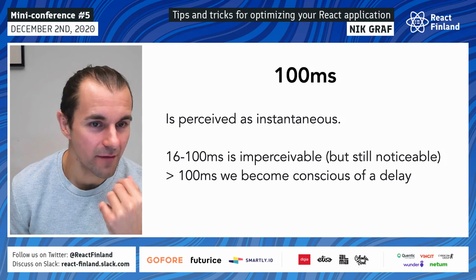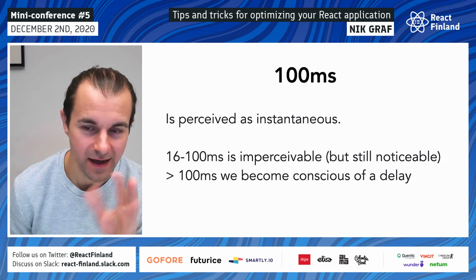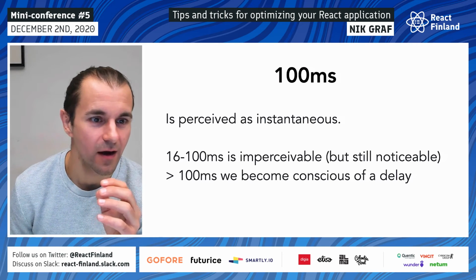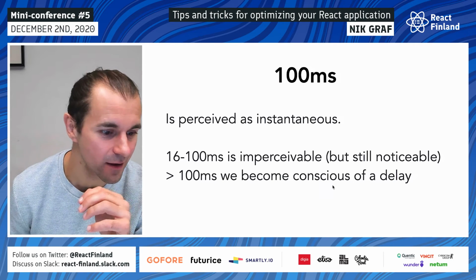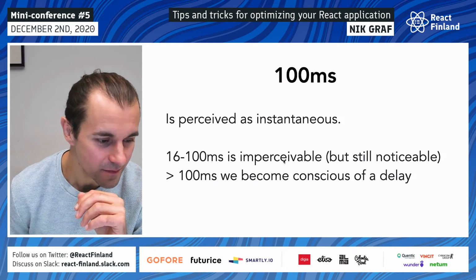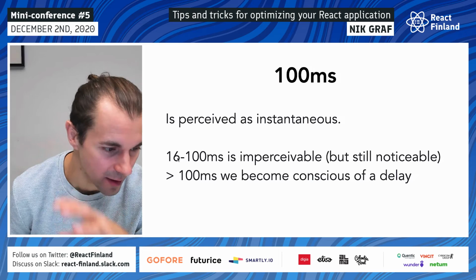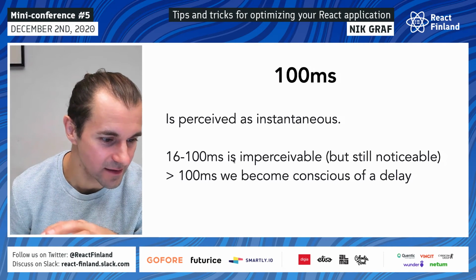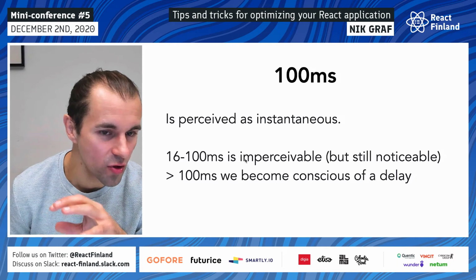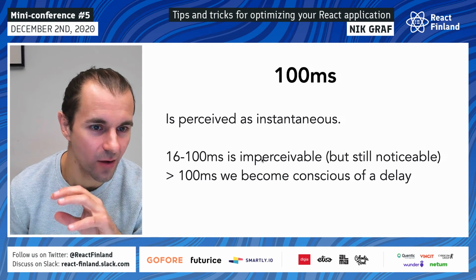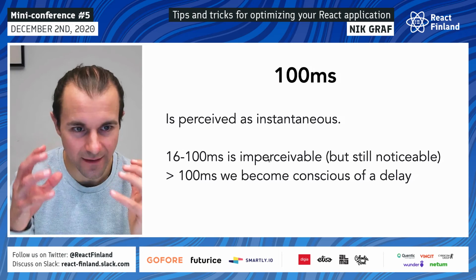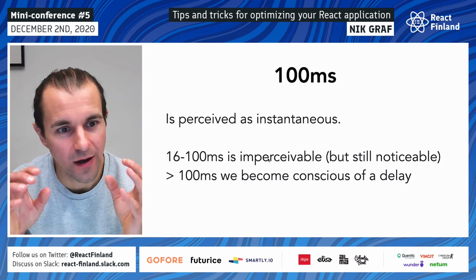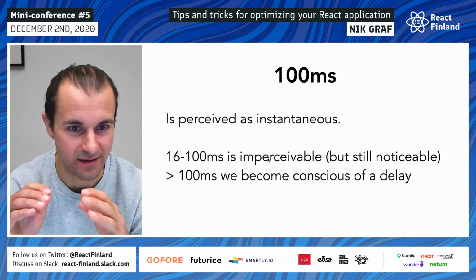and everything below 100 milliseconds roughly, I mean, it varies between people. So basically the lowest that we can get is 60, and 100 milliseconds is not perceivable by humans. You don't consciously know that this wasn't instant.